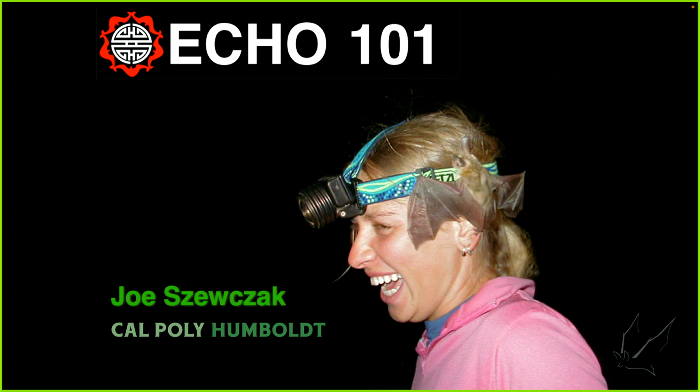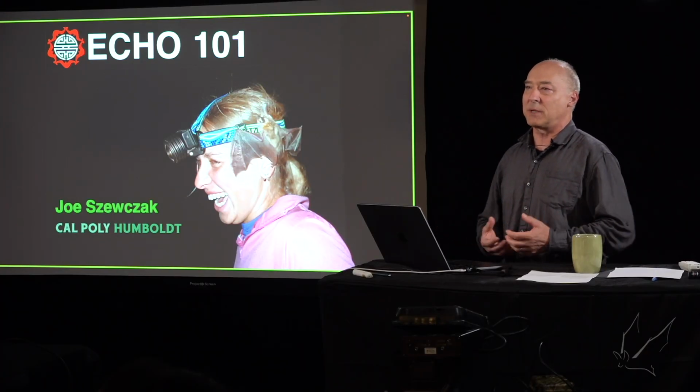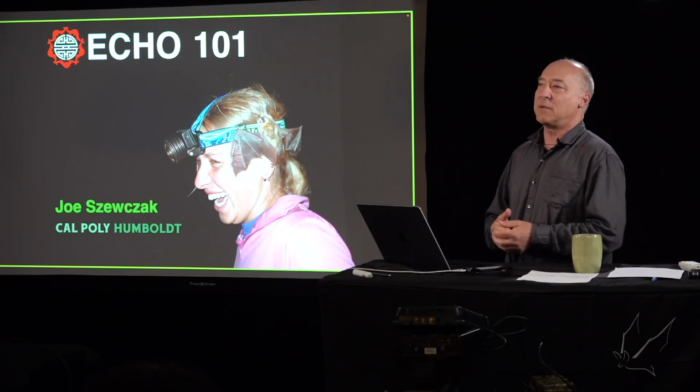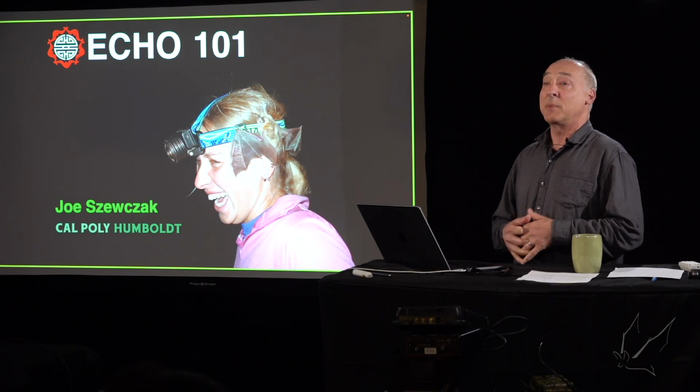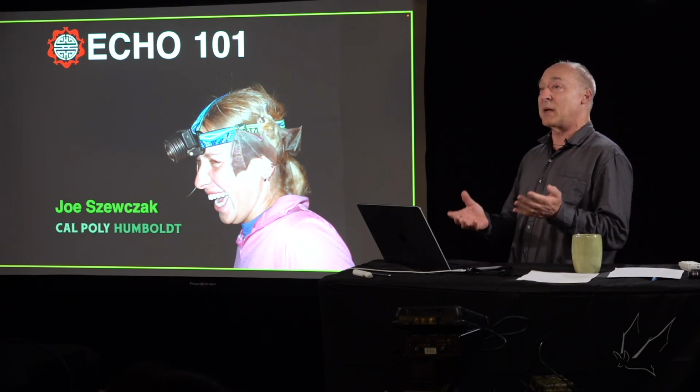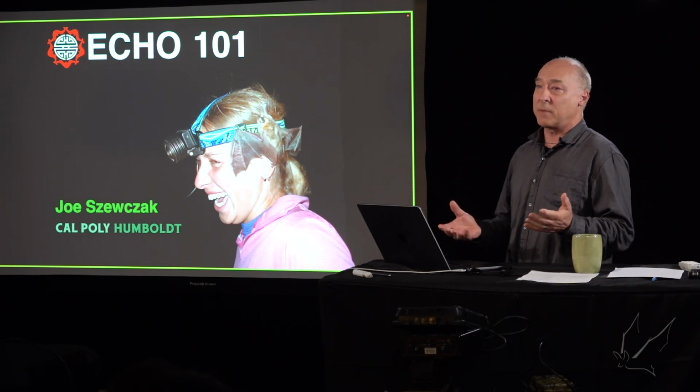All right, so John mentioned that we're going to give you a little overview intro to start with, and the intent of this is to get you to understand what the bats are doing, how sound behaves in the environment, and how the bats use it. Because ultimately, we want to know what bats are out there. We also want to know what they're doing.